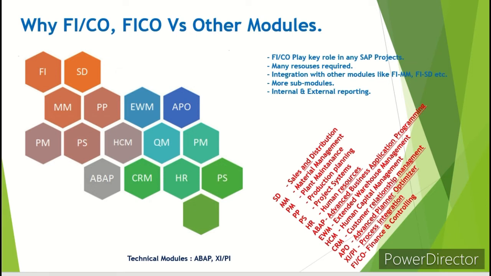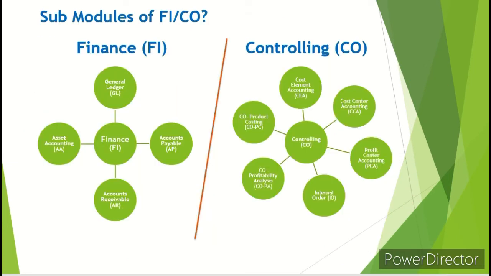Now we look at the sub-modules of FICO. FI represents finance and CO represents controlling. In FI, we have four sub-modules: general ledger, accounts receivable, accounts payable, and asset accounting. Controlling has a couple of sub-modules like cost element accounting, cost center accounting, profit center accounting, internal order, profitability analysis, and product costing.